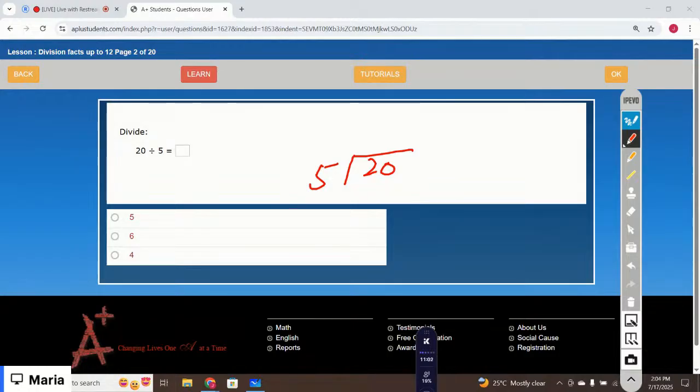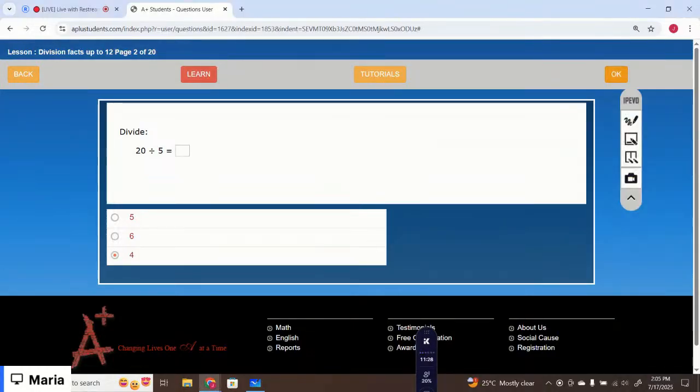So the correct option is 4. Option number 3 is the correct option. 4 it is.